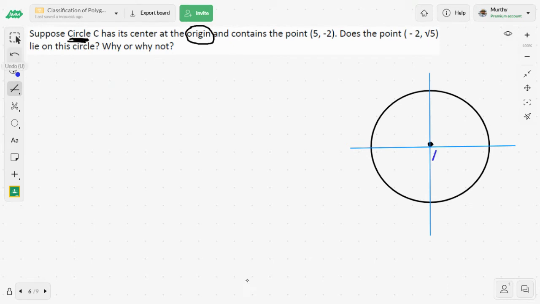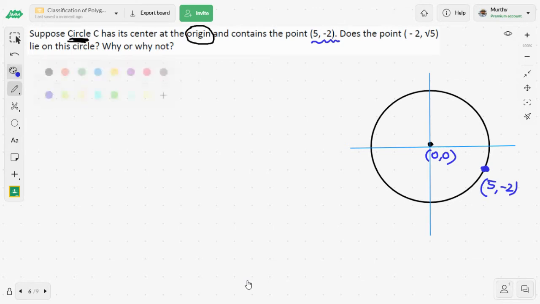Please remember the point of intersection of these two is 0, 0. You know that. And the circle contains the point 5, negative 2. So the value of x is 5 and the value of y is negative 2. Let's say that somewhere here, I'm taking randomly a point which is 5 comma negative 2.